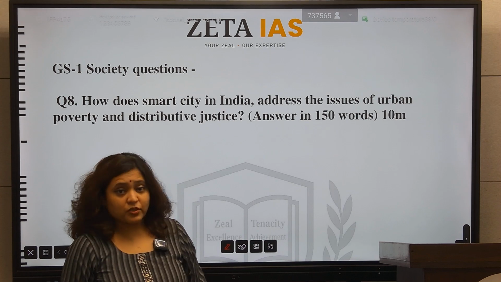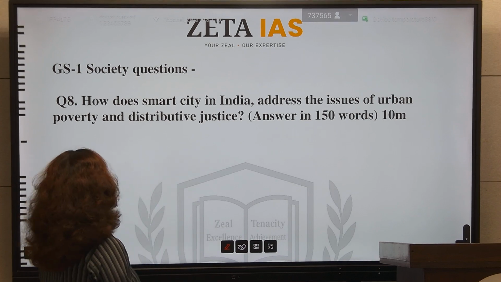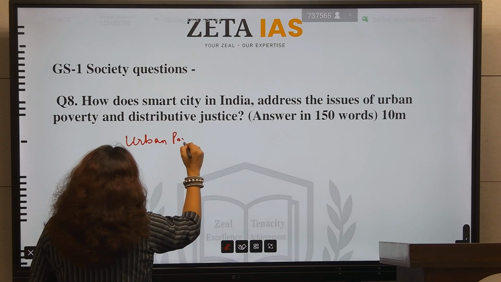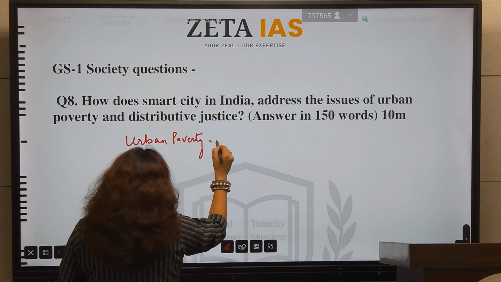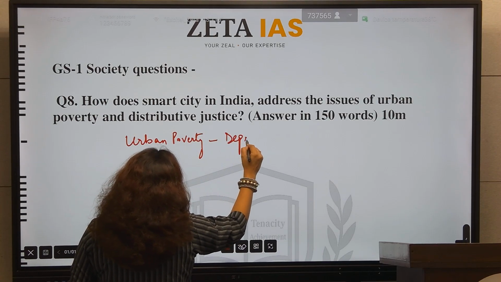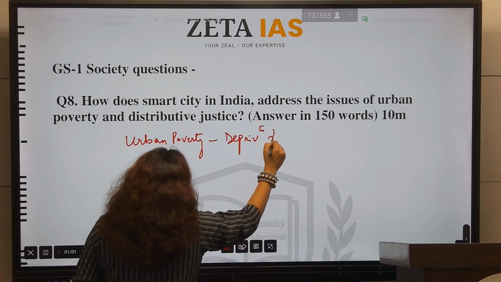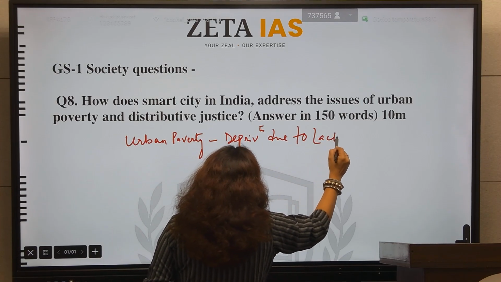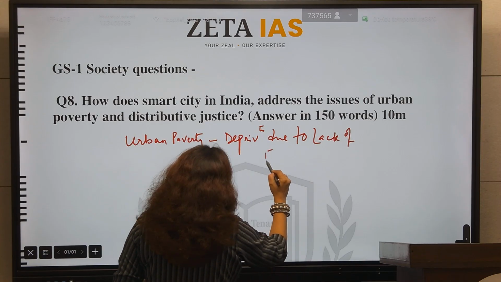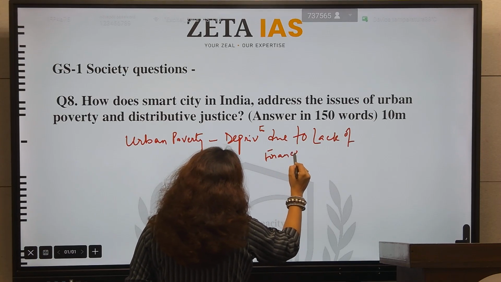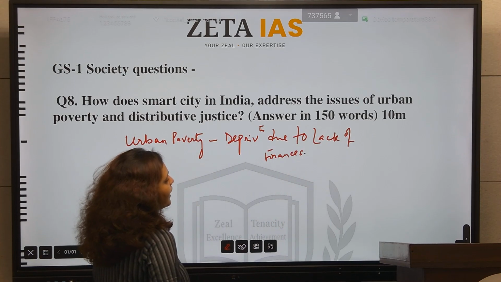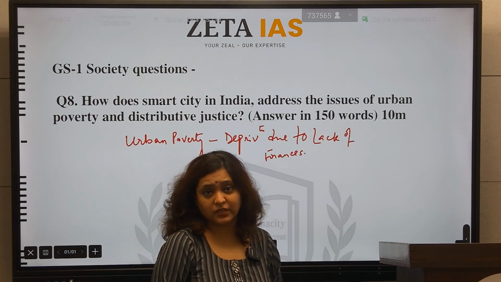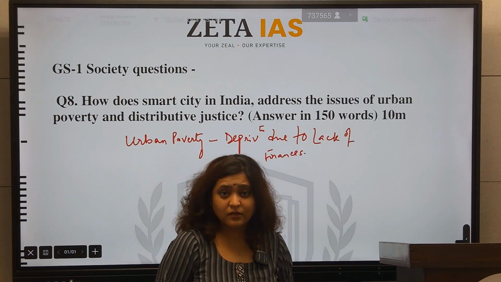Urban poverty is deprivation due to lack of finance. People who are engaged in informal jobs do not have the finances to have access to basic services of the city, basic necessities.